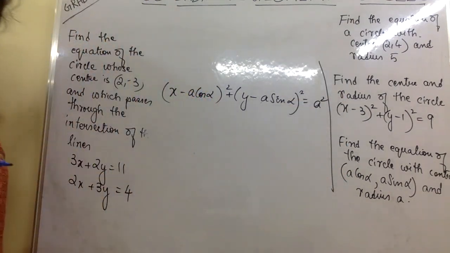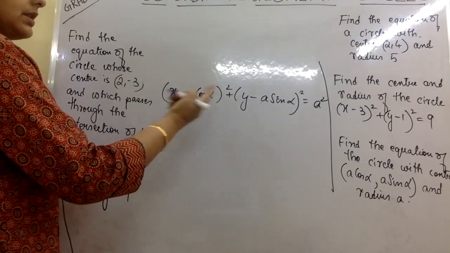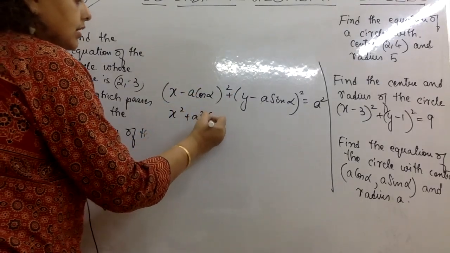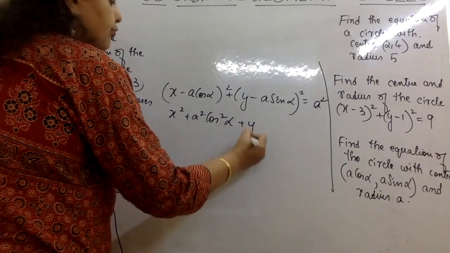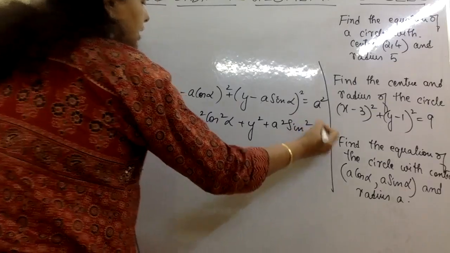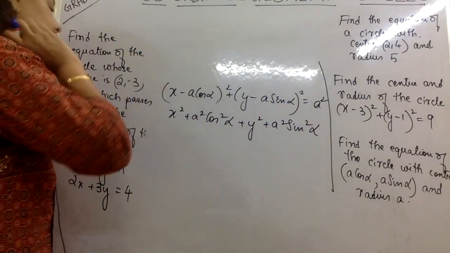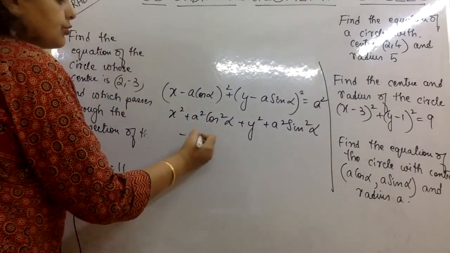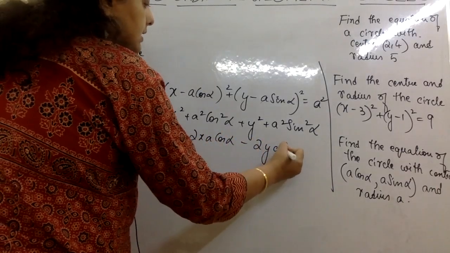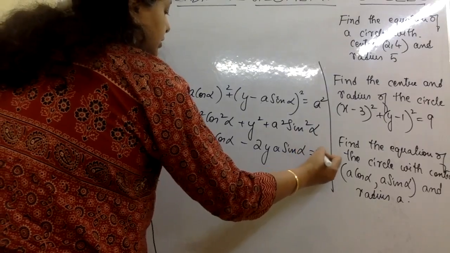Now this is just the (x minus h), (y minus k) type. x square plus a square cos square alpha plus y square plus a square sin square alpha, minus 2xa cos alpha minus 2ya sin alpha is equal to a square.